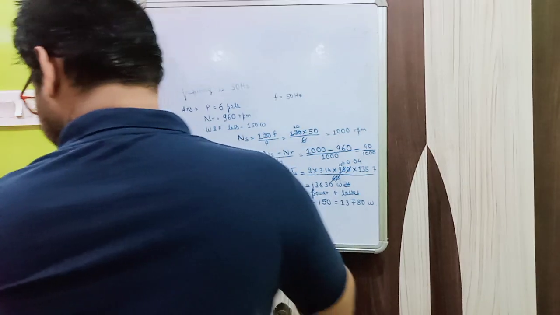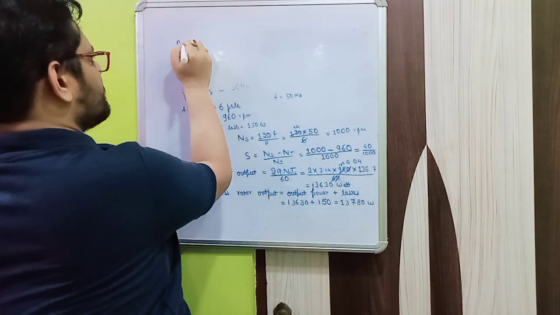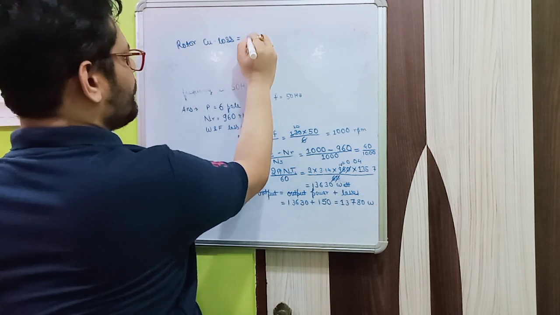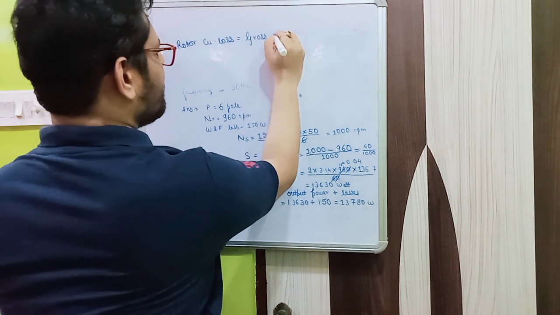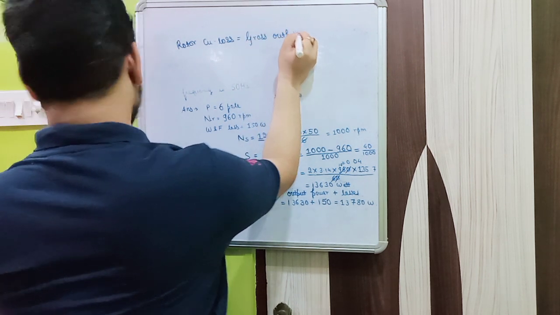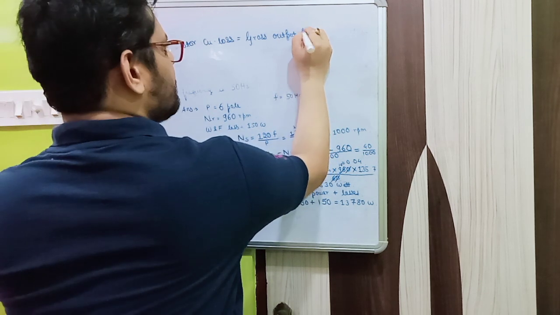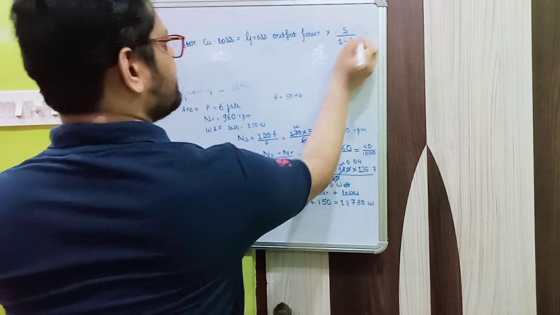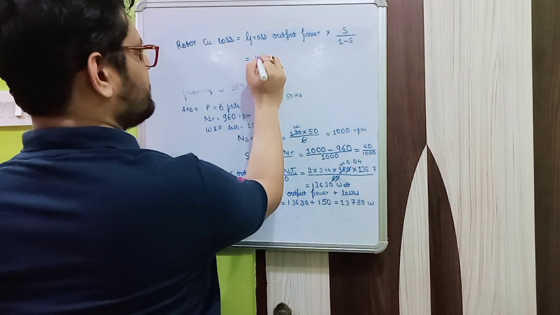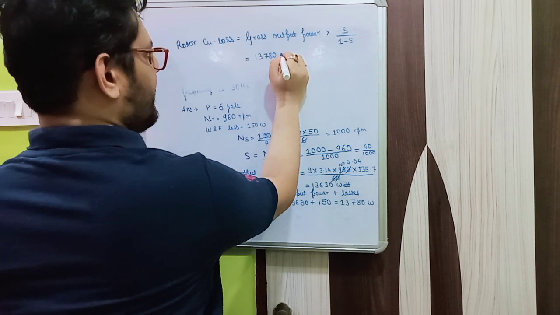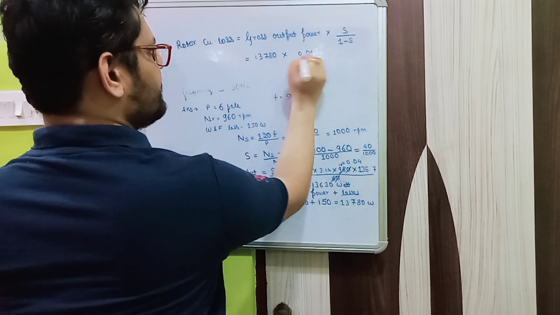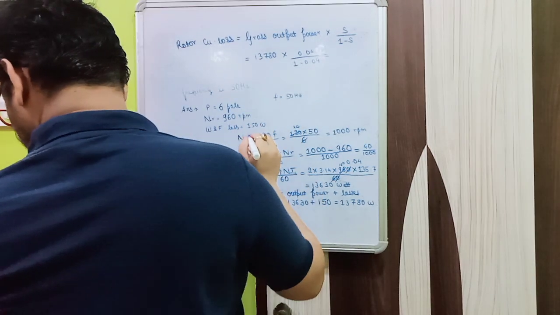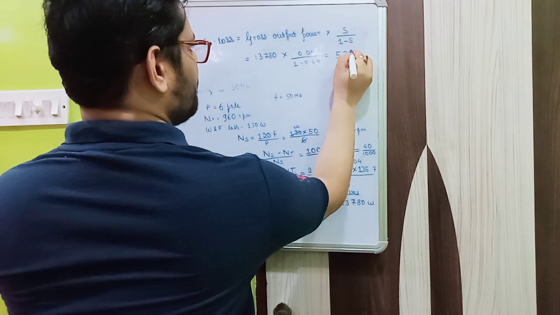Rotor copper loss is equal to gross output power into S divided by 1 minus S. Here the gross output power is already found, that is 13780 watt, and slip is equal to 0.04, divided by 1 minus 0.04. If we calculate this value, we will get 574 watt.